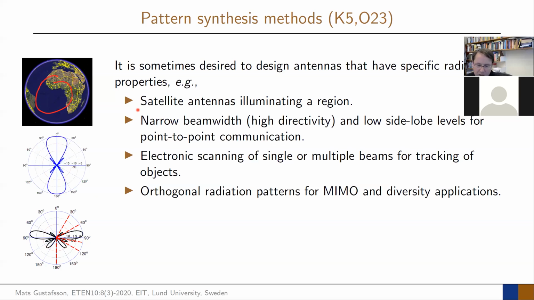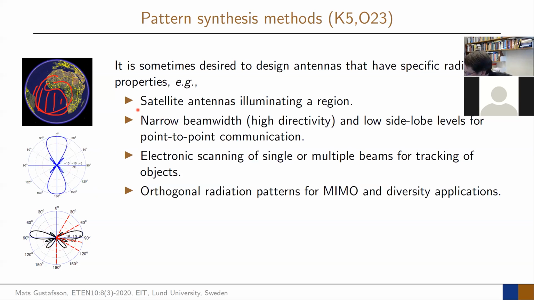If you just think that you take your patch antenna, for example, how is it directed? Then you would cover this region. But if you look at this region, very few people live out here. So maybe you don't want to waste your radiation where you don't have your users.